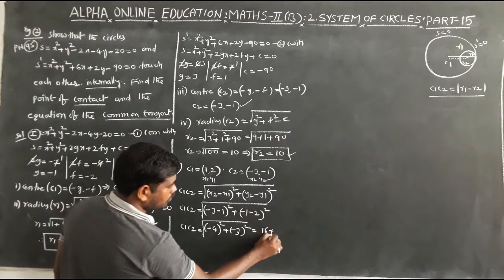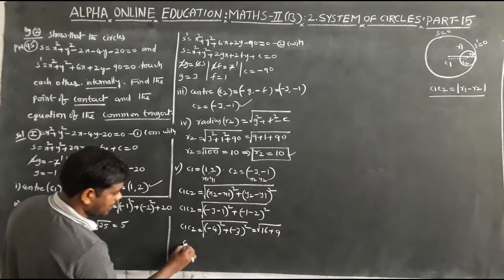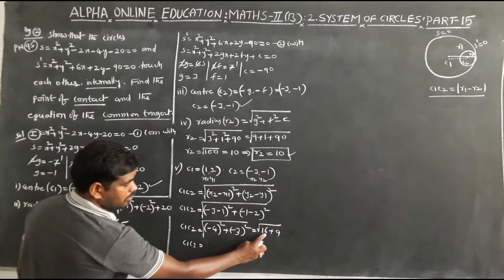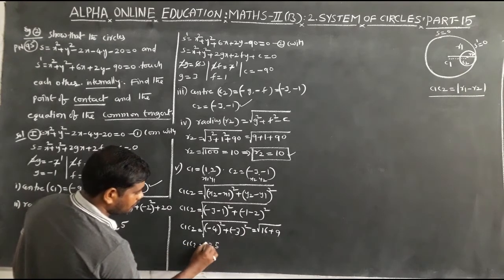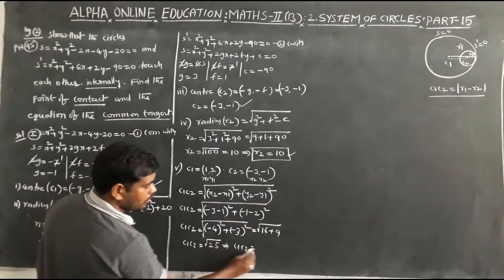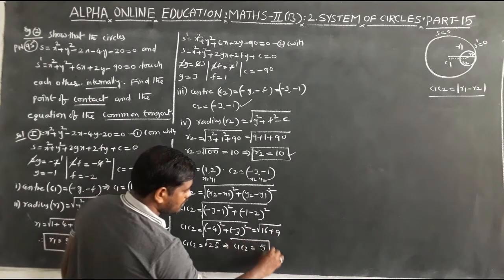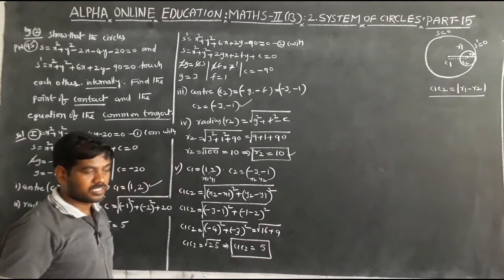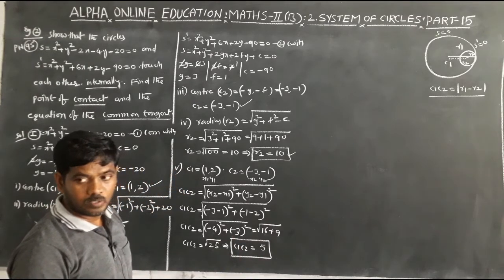Minus 4 whole squared is 16, minus 3 whole squared is 9. C1C2 is equal to the square root of 16 plus 9, which is the square root of 25, so 5. This is the C1C2 value.